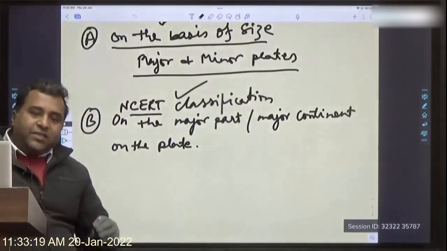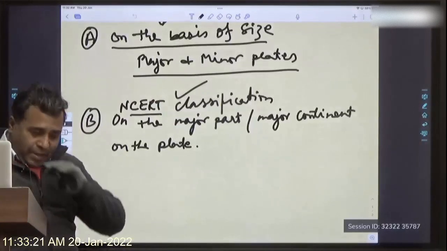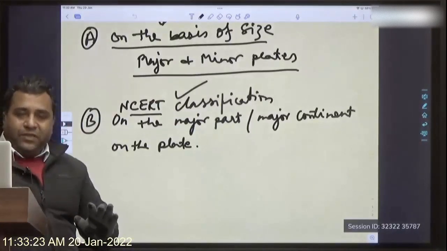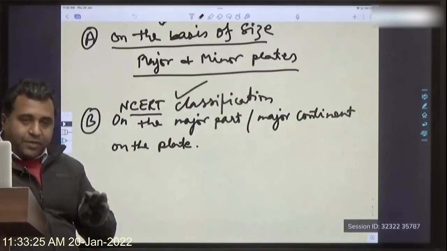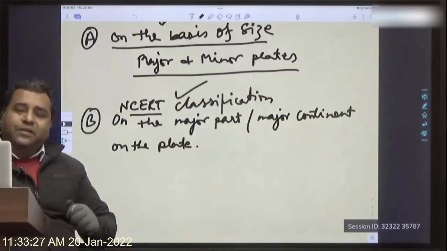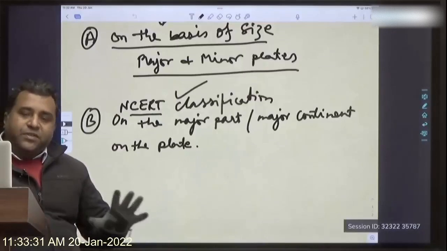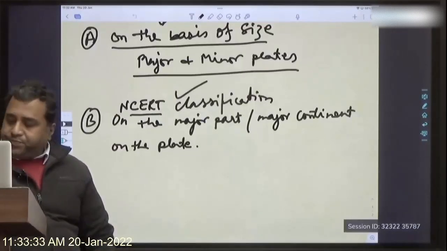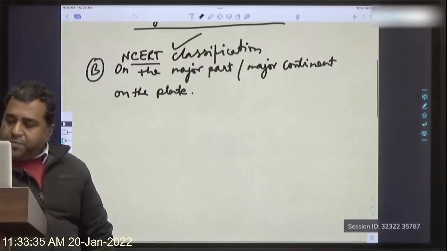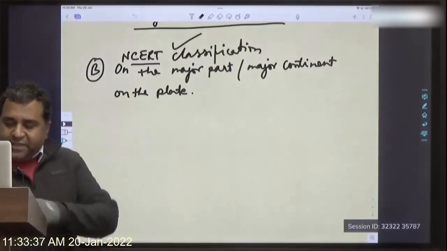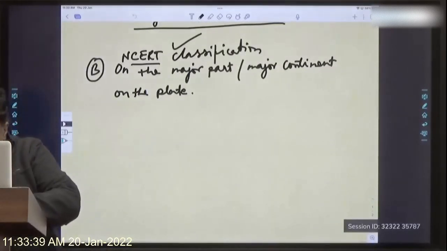So this classification you have to remember only for your prelims exam. In the prelims, if they ask which of the following are continental plates, and they give you such options, then you have to go with this because this is given in your NCERT. Is this okay?